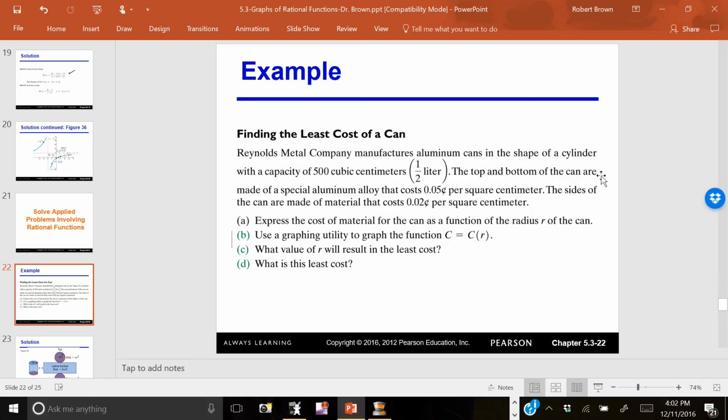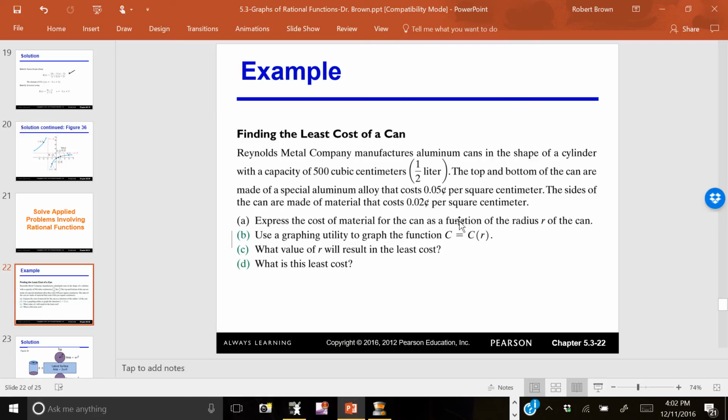The top and the bottom of the can are made of a special aluminum alloy that costs 0.05 cents per square centimeter, and the sides cost 0.02 cents per square centimeter.